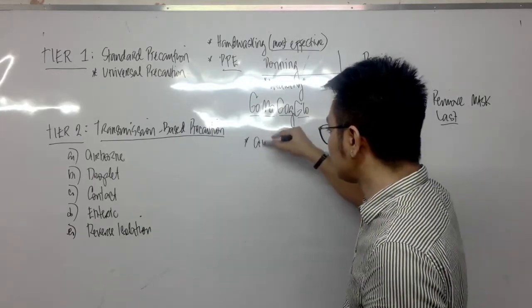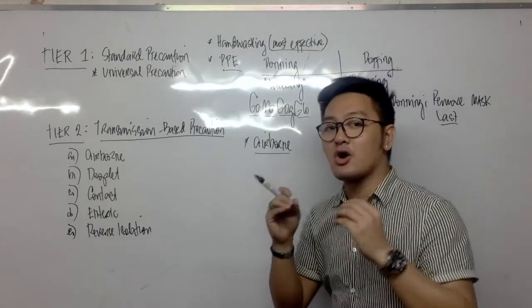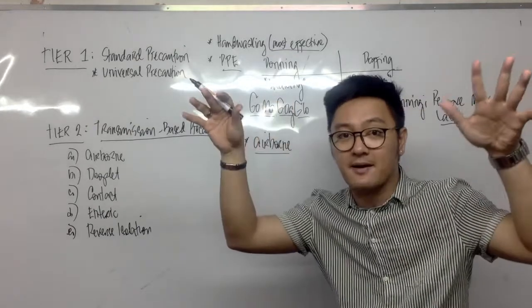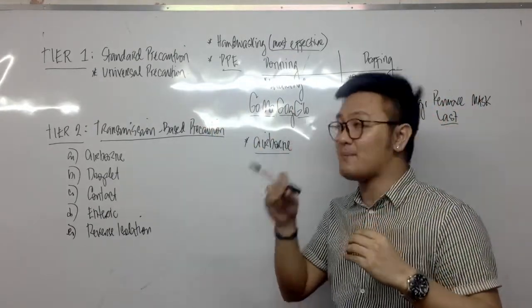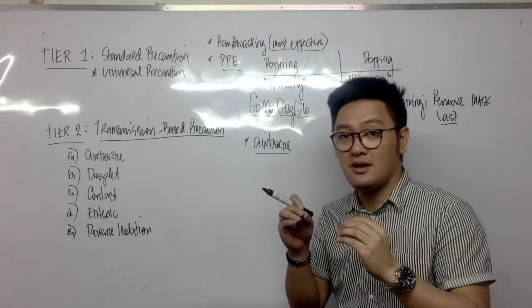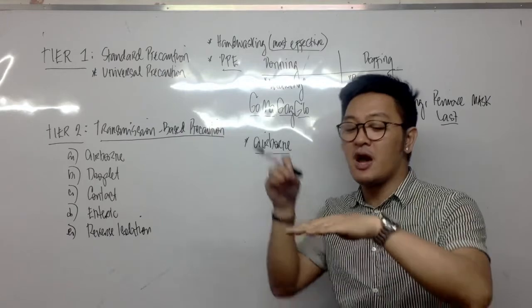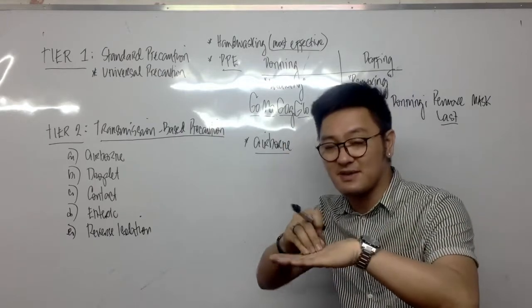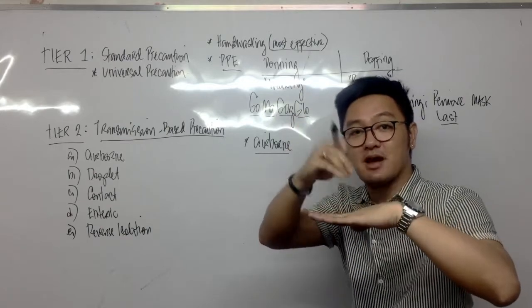Okay? So when I say airborne, we call it airborne because the microorganism here is suspended in air. It is suspended in air because the microorganism is so small. Because of its size, the microorganism is lightweight. It will not go onto a specific surface, because if the microorganism goes onto a specific surface, that becomes droplet.